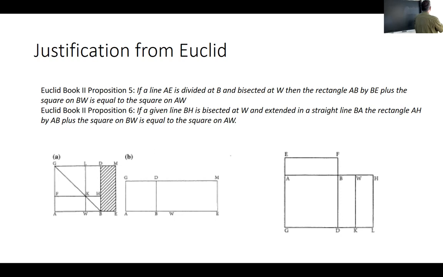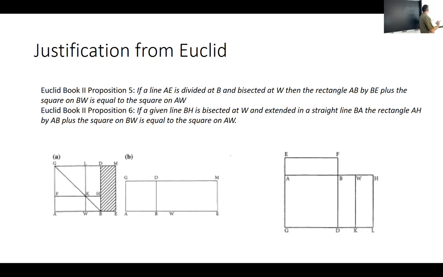So what is it? Proposition 5 says you've got an AE, you divide it at B, so B is kind of arbitrary. You're given AE, and you're told that you need to divide it at B. That's kind of your unknown right there, where that B goes.